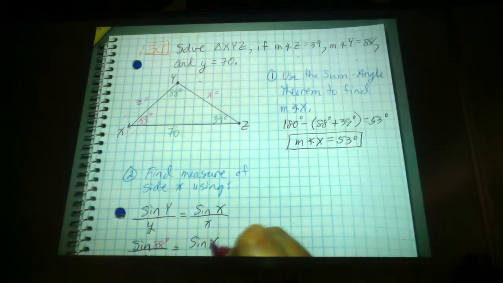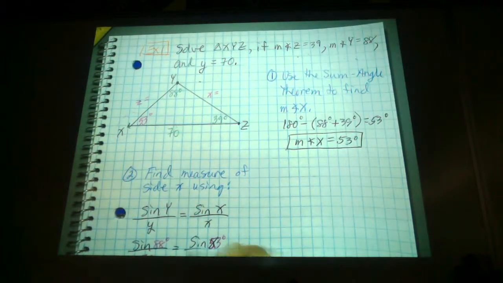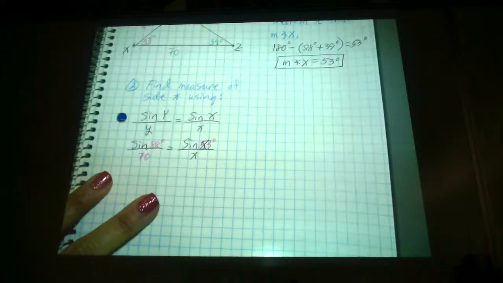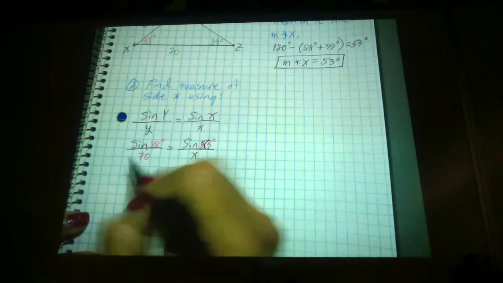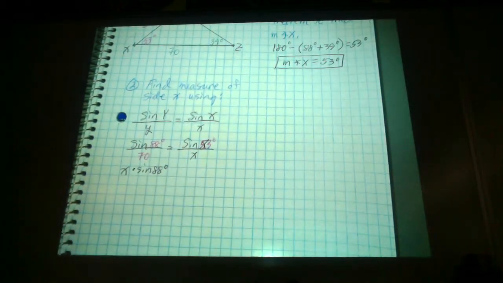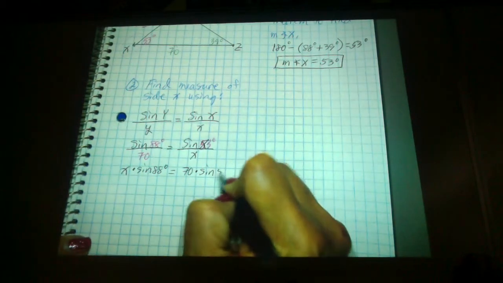We know that X is 53 degrees, so we'll find that in a minute, divided by what we don't know, which is side X. So, whoops, you can't see that. So that's what we're going to solve for next. We have a proportion, so we're going to cross multiply and solve. So I have X times the sine of 88 degrees equals 70 times the sine of 53 degrees.